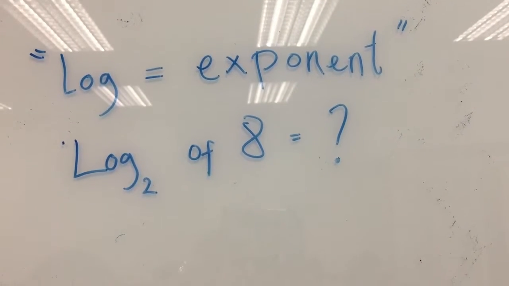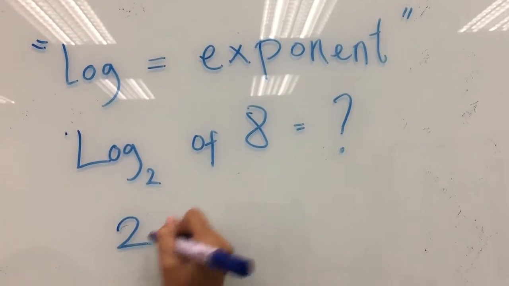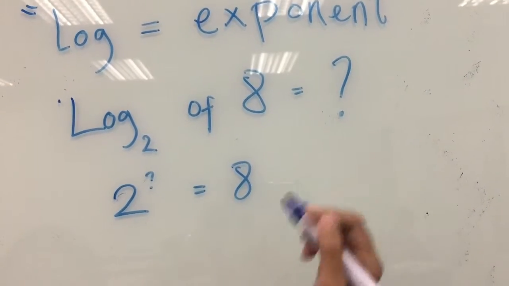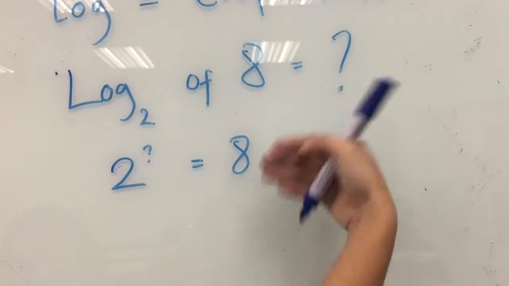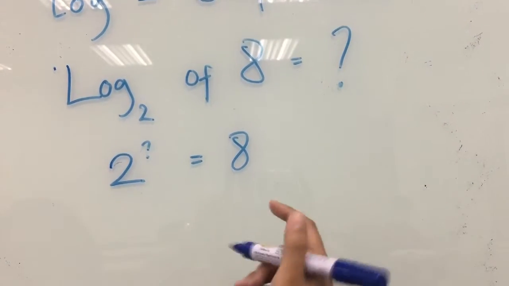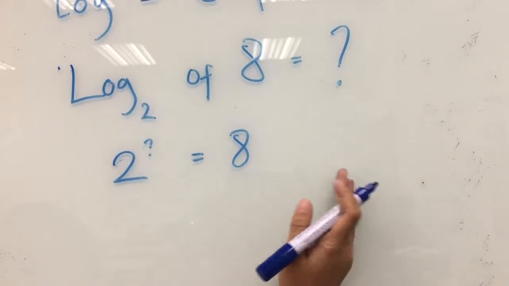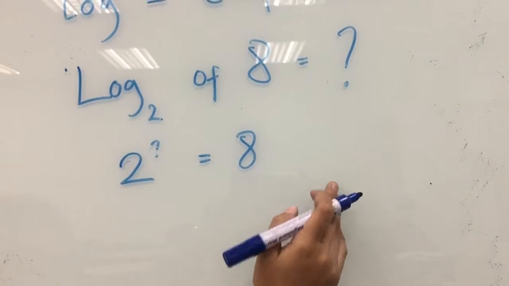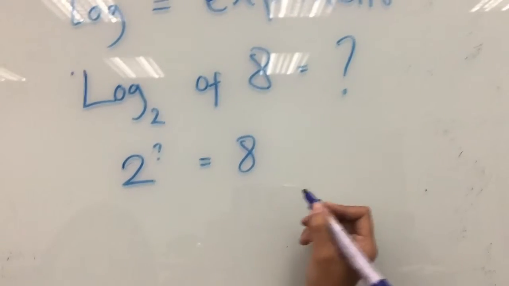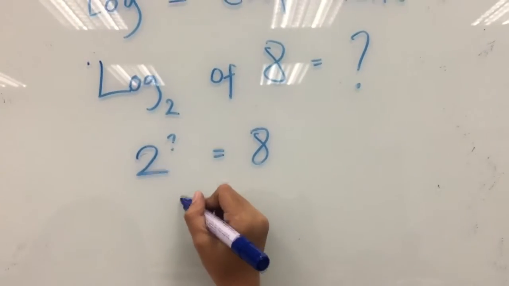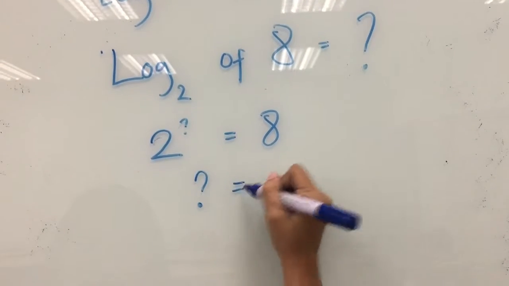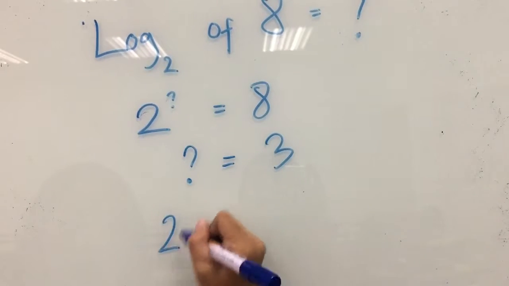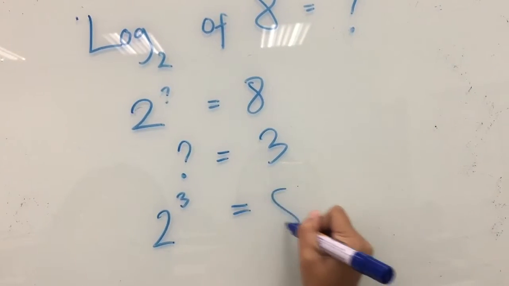It is the exact same statement as 2 to the question mark equals 8. These two statements are identical; they are just two different ways of explaining the exact same thing. So what would it be? I think the question mark equals 3, in which if we raise 2 to the 3, we get 8.